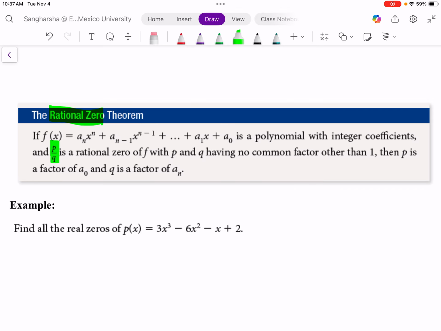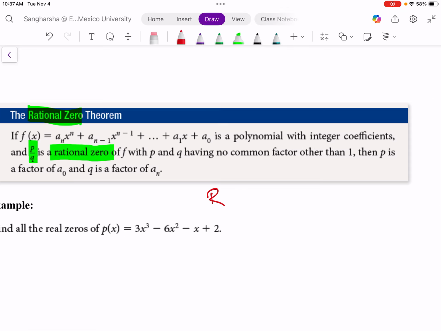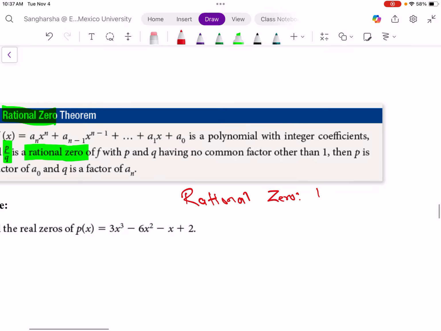p over q is a rational zero. Let me rewrite that. We have a rational zero, and this rational zero is p over q.